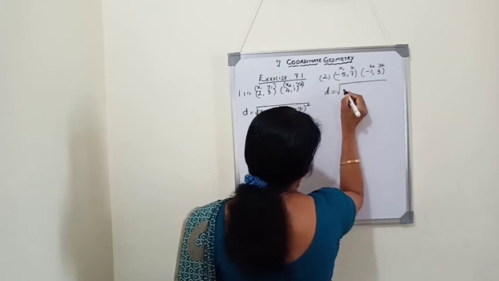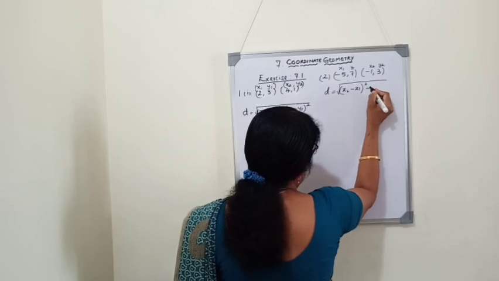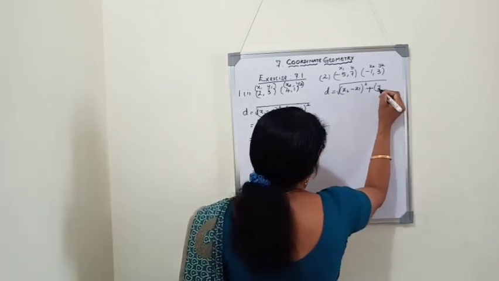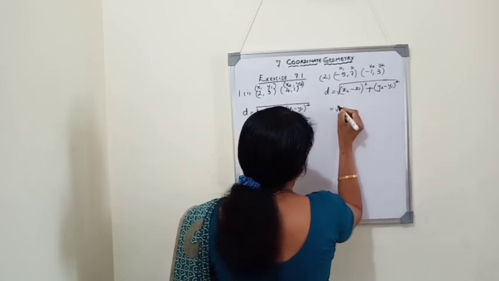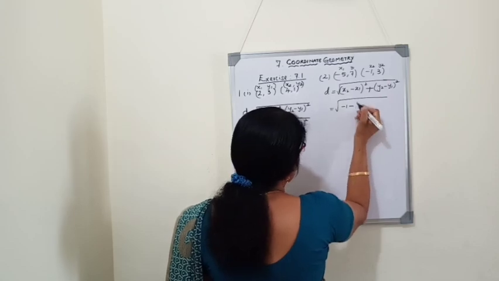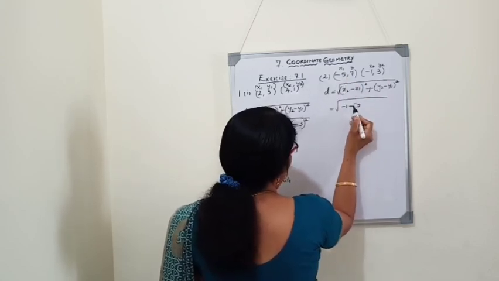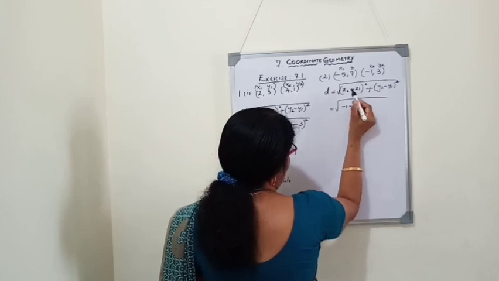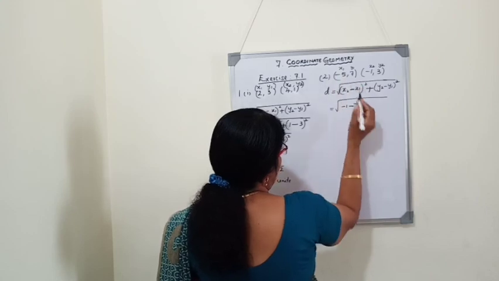D equals square root of x2 minus x1 the whole square plus, don't forget to put the plus sign, y2 minus y1 the whole square. So, here square root of x2, it is minus 1 minus minus 5. Don't forget to put these two minus. First minus sign is this minus sign, it is there in the formula, and this minus is the number sign.